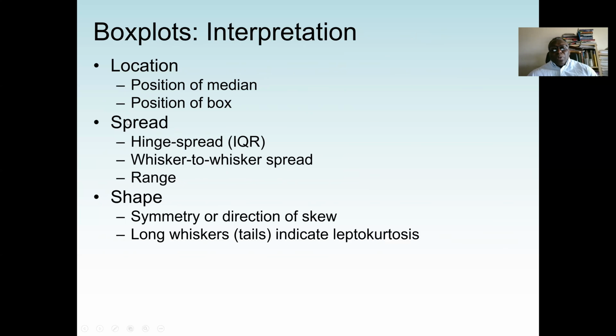Also, we can know the spread. Knowing the range, the IQR will give a whisker to whisker spread, and also the range. Then the shape will be symmetry or direction of skew. Or sometimes we have long whiskers, the tails, indicating leptokurtosis.